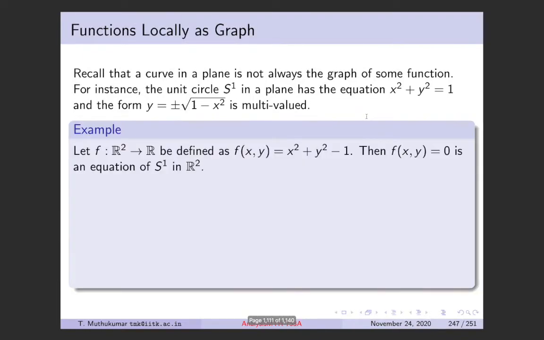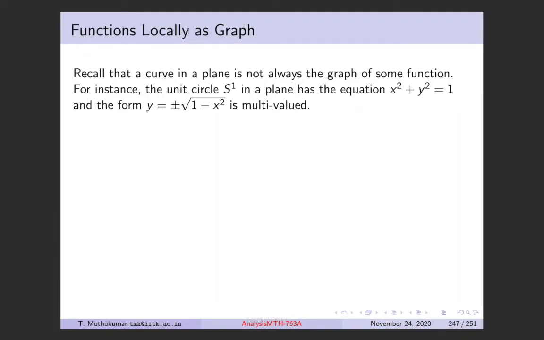So just to show that, recall that a curve in a plane is not always the graph of some function. So it cannot be expressed as a function. For instance, the unit circle in a plane is not the graph of any function, because for any x it's multivalued. It's not even a function, if you take the full circle.